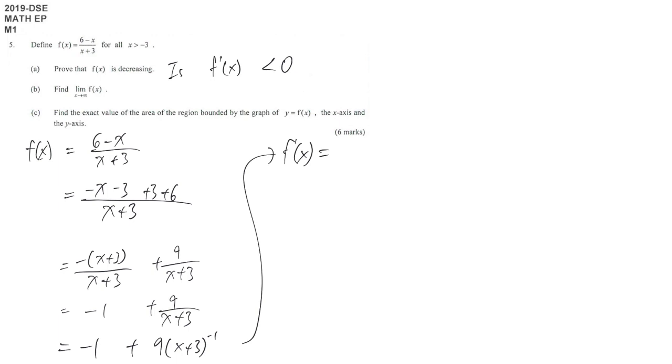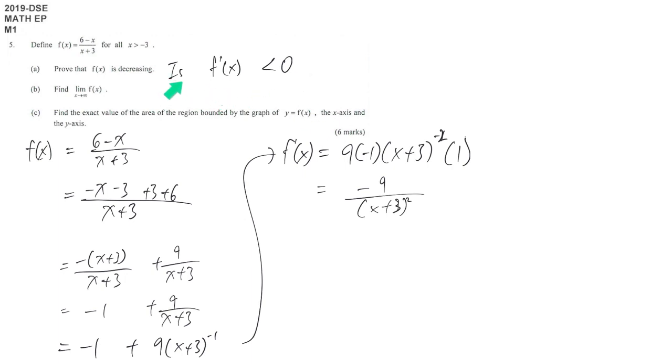Negative 1 differentiated gives you 0, and then another term we have 9 times x plus 3 to the negative 2. The power moves to the front, and then don't forget to differentiate x, which gives you 1 time. So negative 9 over x plus 3 squared.